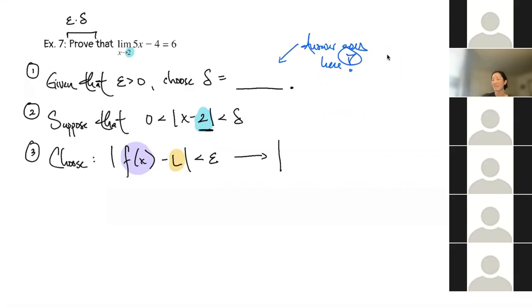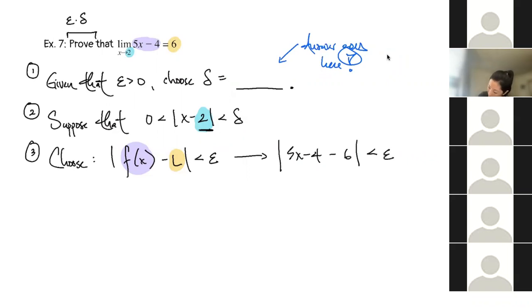Our f of x is not 2, but it is 5x minus 4. Good, good. Okay. So right here we have our f of x. And this is the y value that we want to get out. So if we plug those into our equation, we'll get 5x minus 4 minus 6.